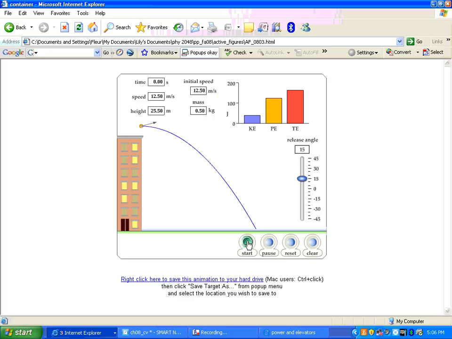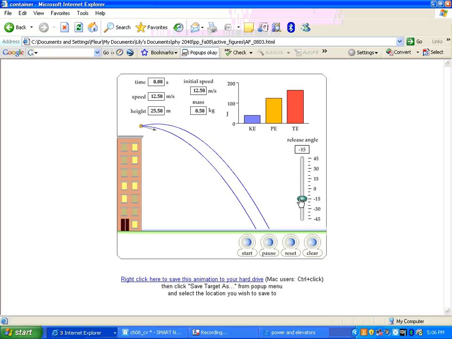And let's see what happens when the projectile reaches the ground. We see potential energy decreasing as kinetic energy increases until once again the two columns are at the same height. 25.61 meters per second is the final speed.